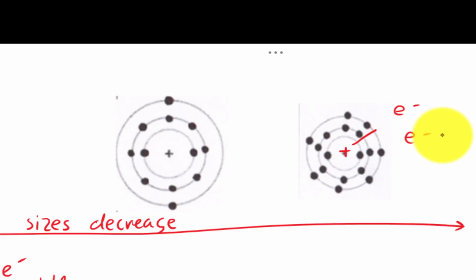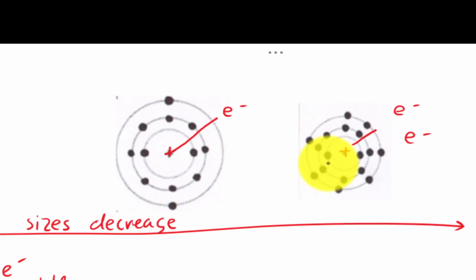So in a smaller atom, the positive nucleus is closer to the valence electrons of nearby atoms. That makes sense, because if we look at this larger atom, the distance from the nucleus to the outside electron is a lot farther compared to the smaller atoms.